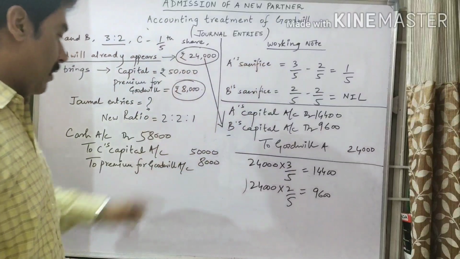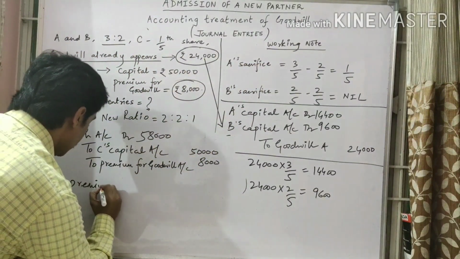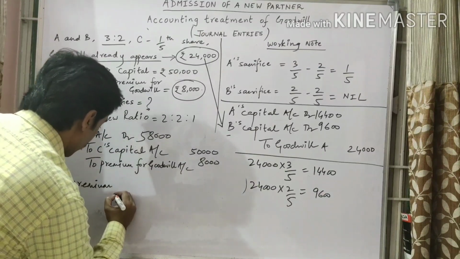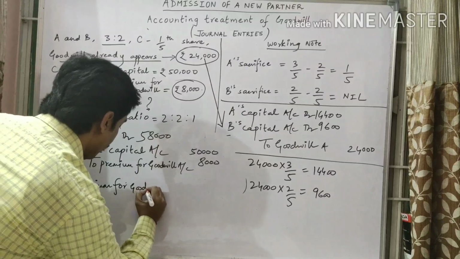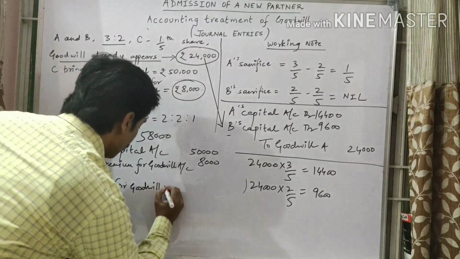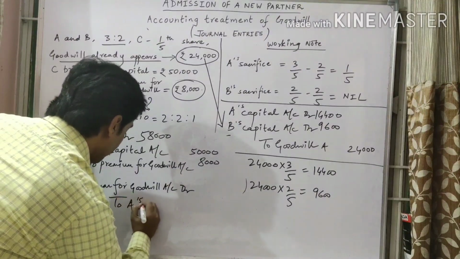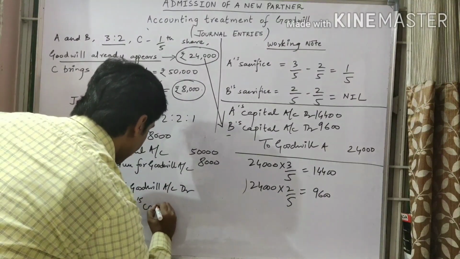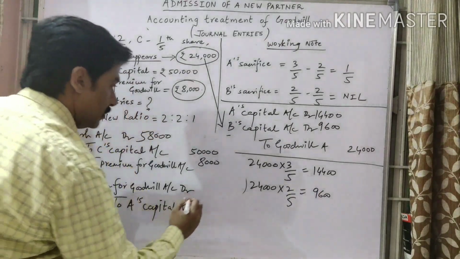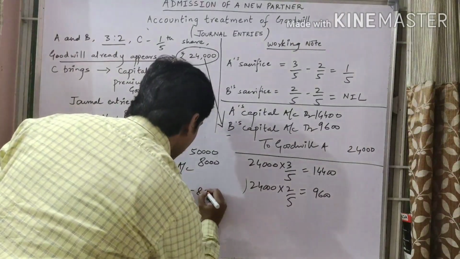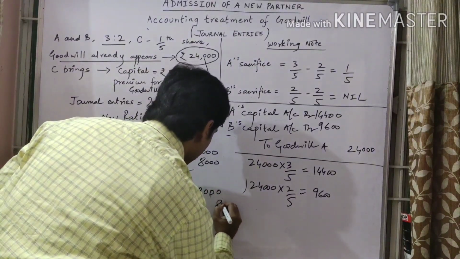Therefore, the whole of the premium will go to A's capital account, or in other words, the whole premium for goodwill will be given only to A. Okay, and for that you need to pass this journal entry with the whole amount of premium for goodwill brought by the new partner.